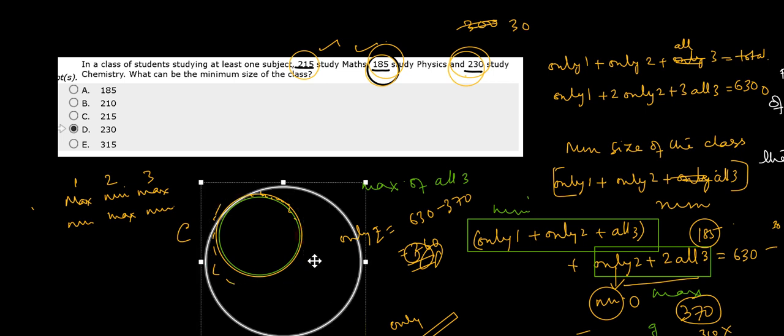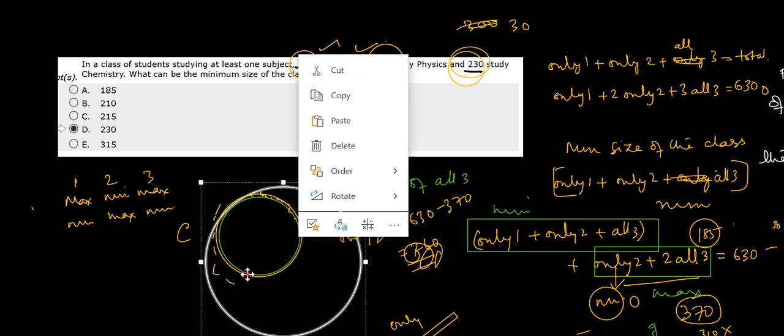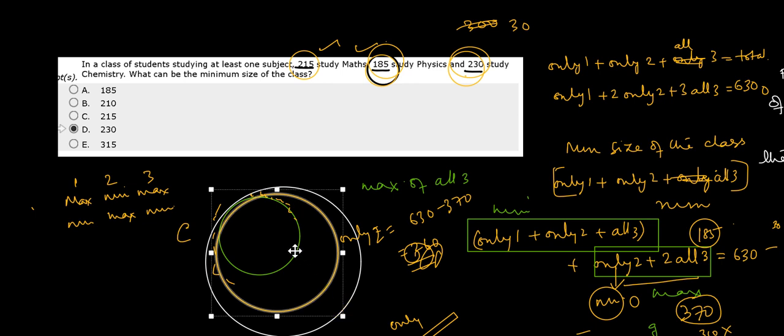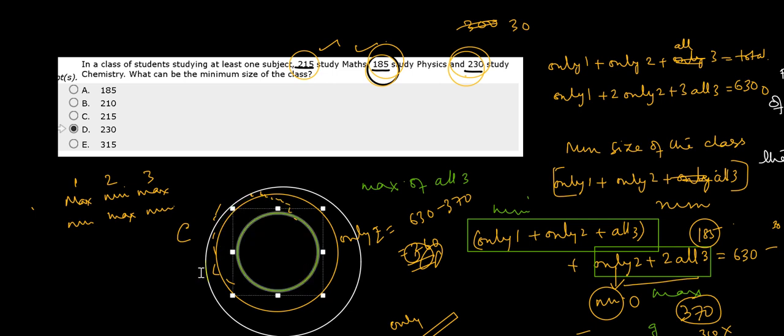So let me draw this a little bigger so that it's clear. Okay, now this is clear. So the inner circle represents physics, the orange circle represents maths, and the bigger circle represents chemistry. This is how it is, right?